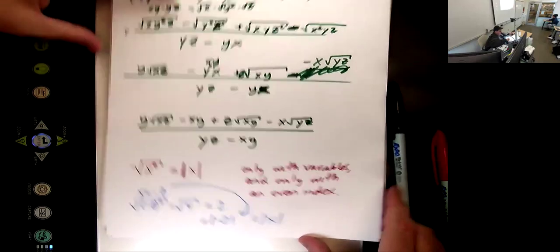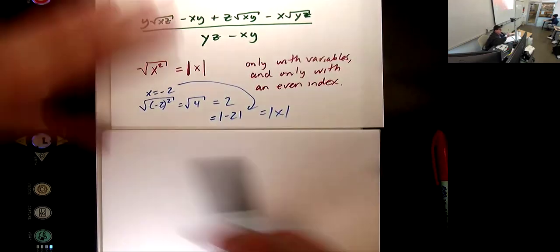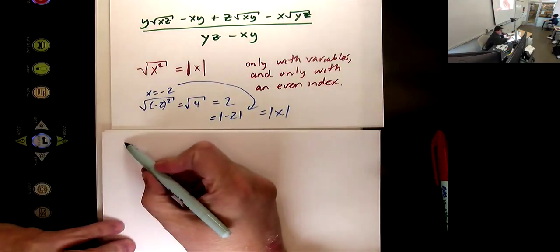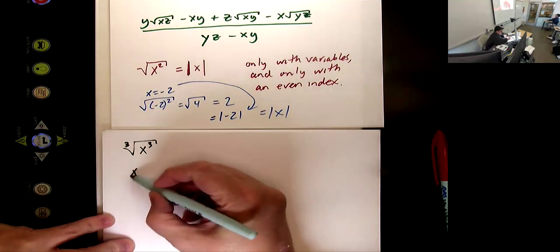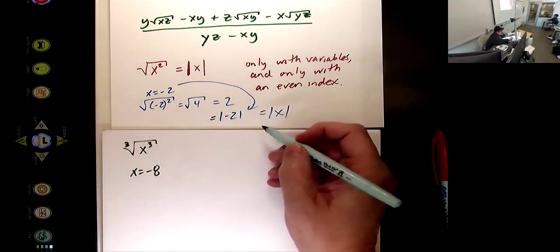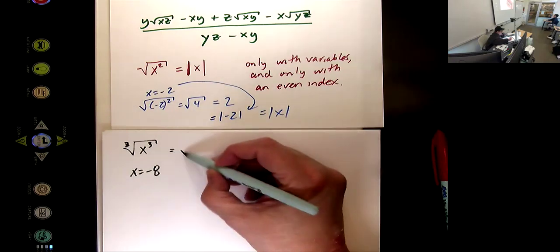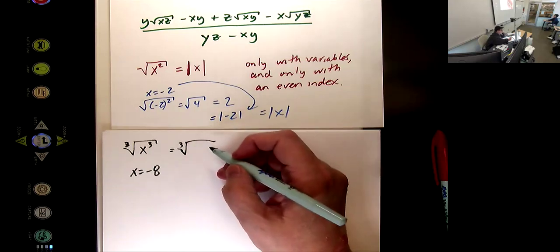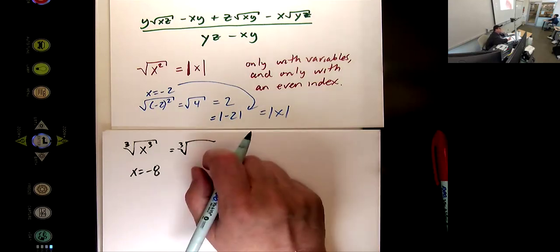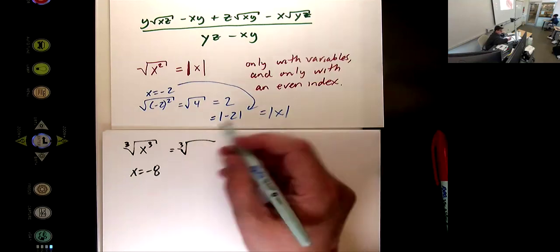For example, we looked at the cube root of x cubed. We said x is -8. This is a cube root. 64 times 8, we got a 480 and a 32 is 512.